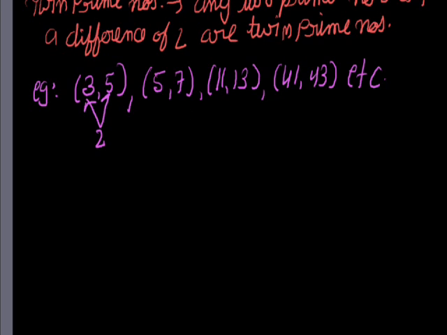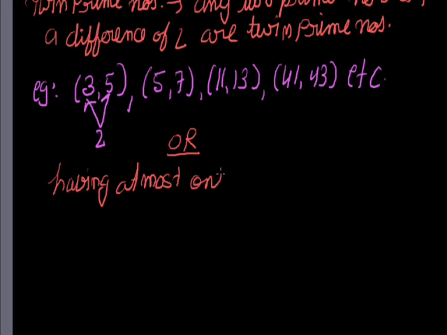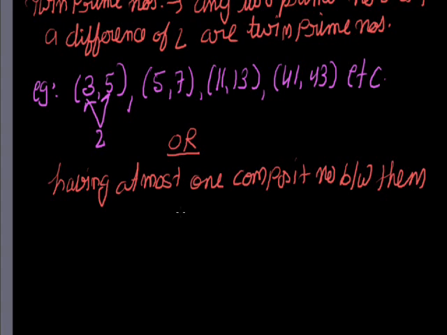Or we can say in another way also that any two prime numbers having at most one composite number between them are twin prime numbers.